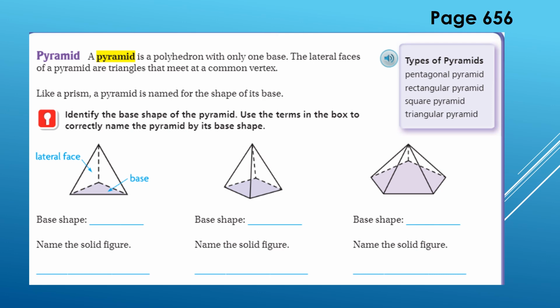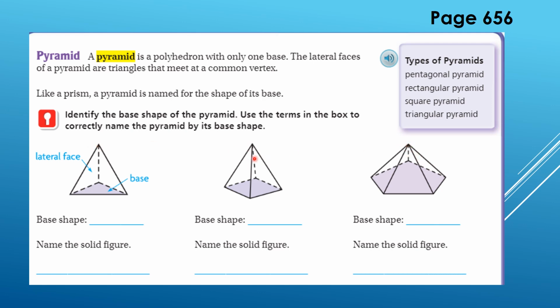Now let's go to page 656 and continue with pyramids. I want you to look closely at these shapes, and I want you to focus on the tips at the top. Can you see what's common in these shapes? Yes, the faces do meet at a pointed tip called the vertex.